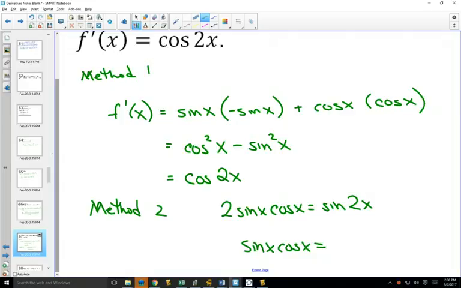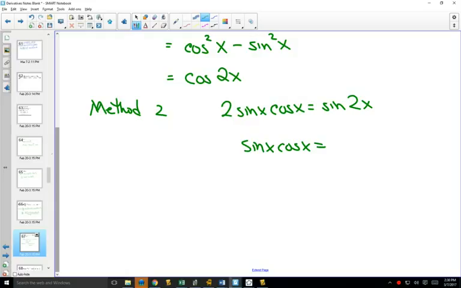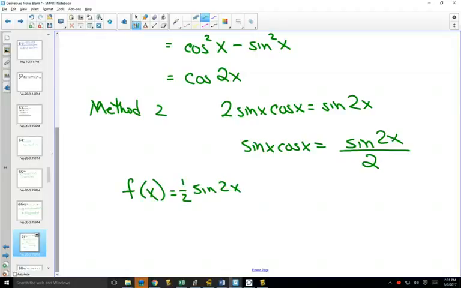If 2 sine x cos x is equal to sine 2x, what would sine x cos x equal to? Close. I could take sine 2x and divide it by 2. Careful, you can't cancel out those 2's, because the one is inside the function and the other one is just a coefficient. So then method number 2, I change my original function to write it as sine 2x with a half in front, or divided by 2.